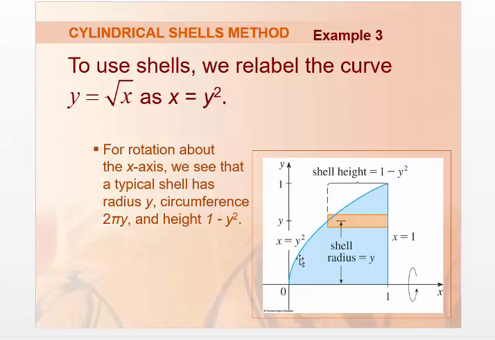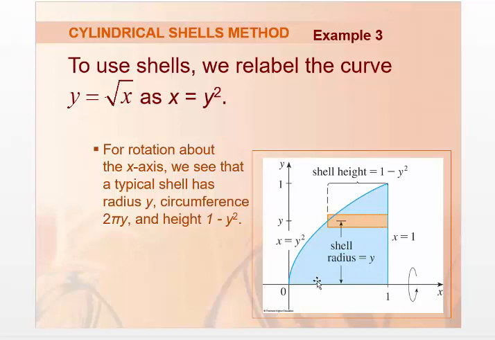All right, now here's where it gets a little confusing. All right, the height of the curve. If you look up here, the height is 1, but then the height falls, right? So the height falls by whatever y squared is. So our shell height, so listen, this is important, our shell height ends up being 1 minus y squared.